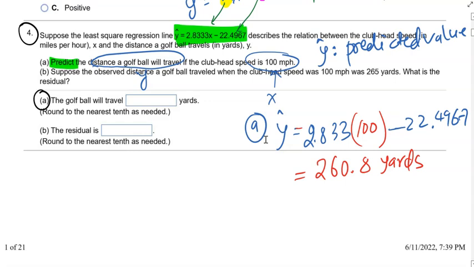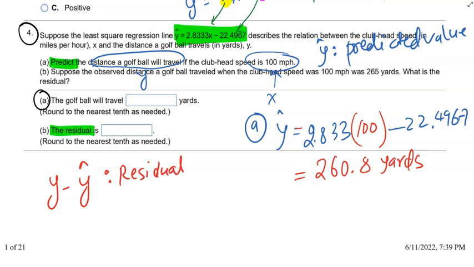Next question is find the residual. Remember that the formula for residual is going to be y minus y hat. And y is the observed y value. Look at the question here, for part B they give the observed value. Suppose the observed distance a golf ball travels when the club head speed was 100 miles per hour was 265.